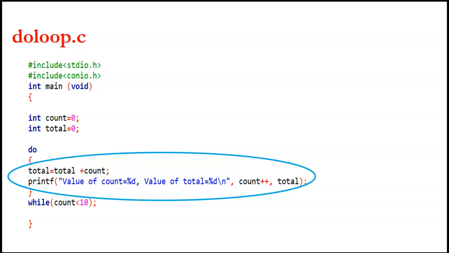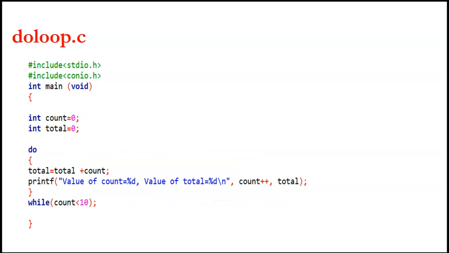The second statement in the body of the do-while loop is the printf statement, which prints the value of the count variable and the value of the total variable. And once the body of the loop has been executed, then the loop expression is evaluated. That is, the condition that appears inside the parentheses that follow the while keyword is checked.